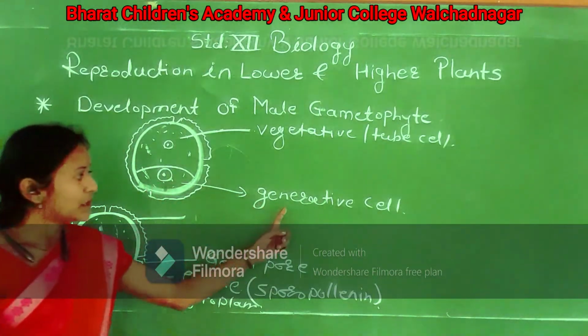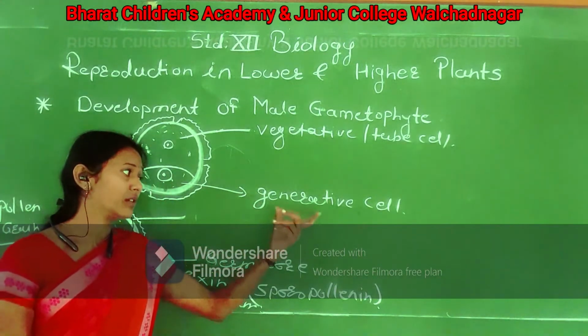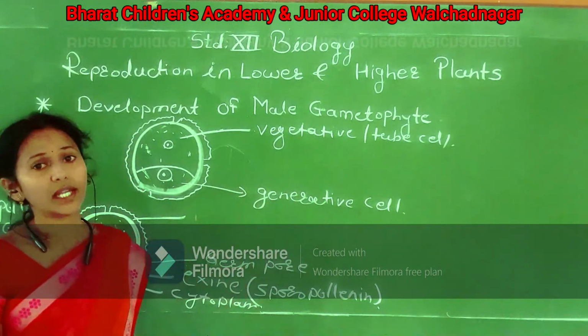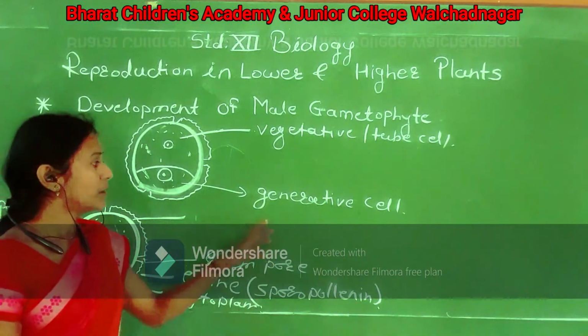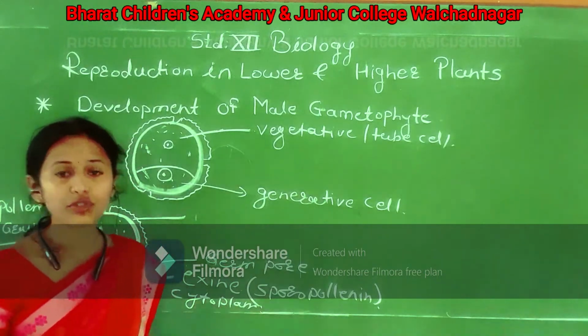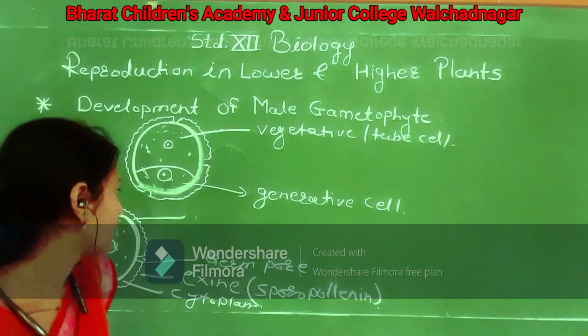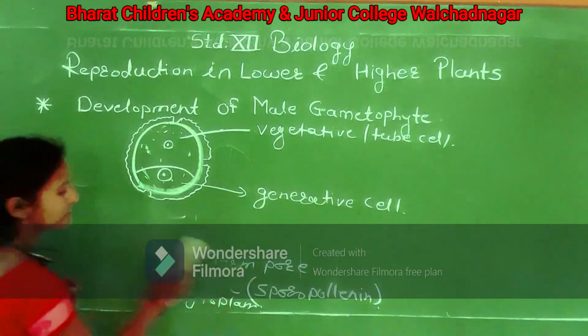Then the generative cell actually helps in the production of male gametes. It produces two male gametes. So how does it produce two male gametes? See, we draw here the next structure of this pollen grain.